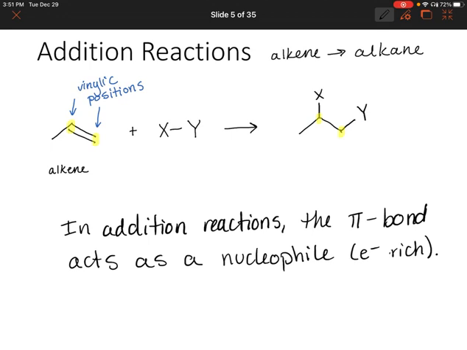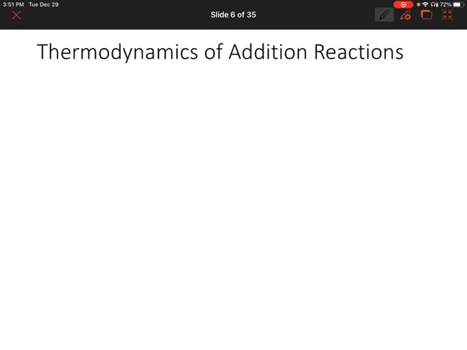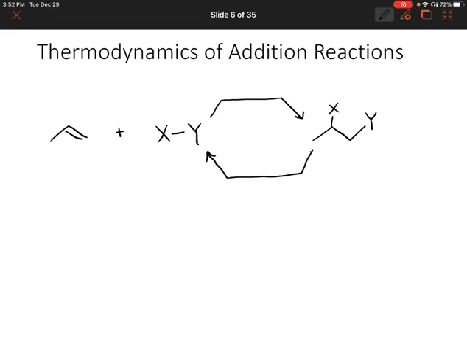All right. So let's talk a little bit about the energy or the thermodynamics of addition reactions. So I'm going to redraw that reaction we just saw. And I'm actually going to draw my arrows a little differently here. You'll see why in a second. So we have a forward reaction and a reverse reaction.